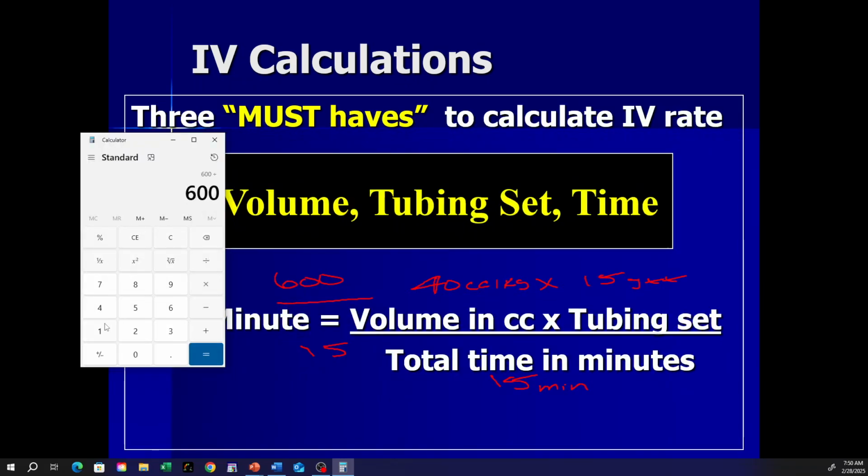Let's divide 600 by 15, and that's going to give us a total of 40 drops per minute.